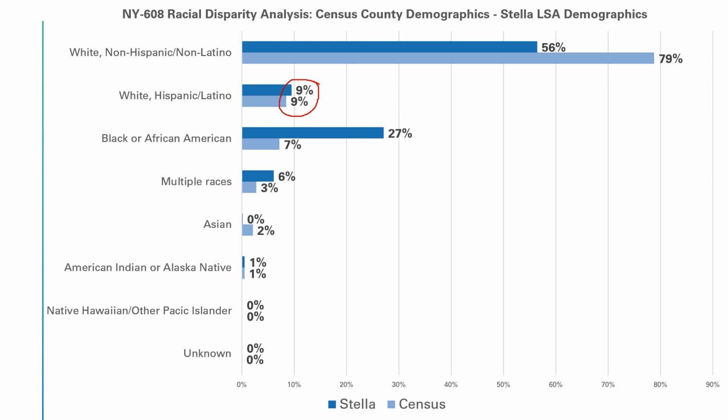And then for white non-Hispanic, they make up almost 80% of the population, with just a little bit more than a majority of those served in the homeless community. And then once again, almost 4 times as much of the population that is Black or African American is represented in the homeless community. And once again, we see the Asian here, but not as drastic because of a smaller representation of the Asian community.